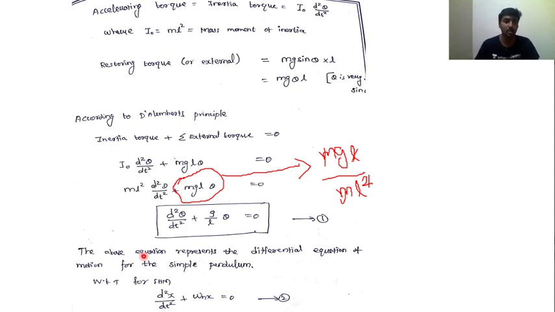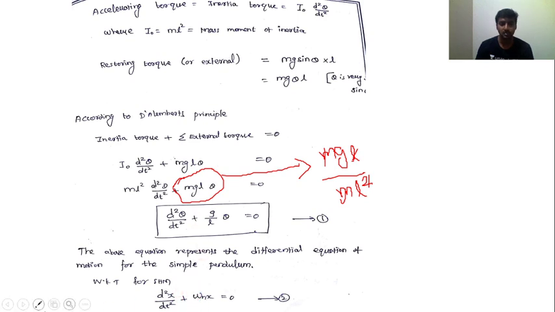We know that for simple harmonic motion, d square x divided by dt square plus omega n square into x is equal to 0. Compare these two equations.